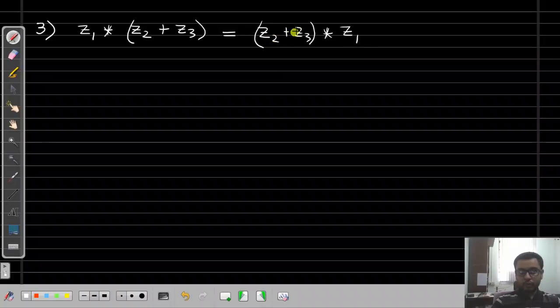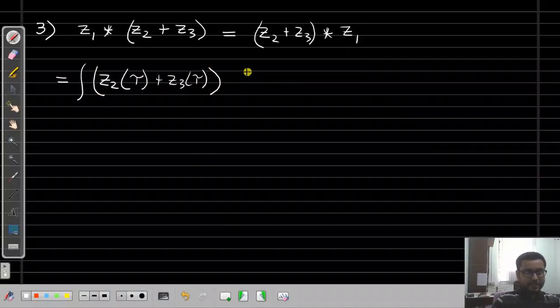Because of the commutative property I can swap this order, and then I shall write it as the integration of z2 of tau plus z3 of tau multiplied by z1(t minus tau) d tau from minus infinity to plus infinity.